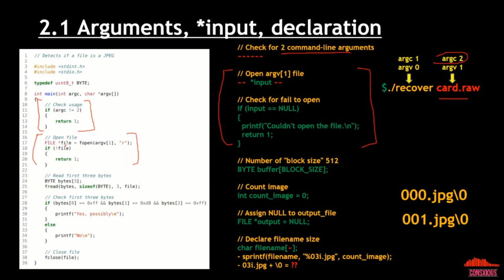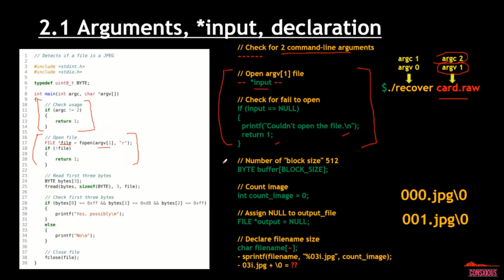We have to open the file here: fopen argv[1], which means this argv[1] here. Basically we just read this card. Here we put file in the example, but in our code we just put input for clarification. We can use either this code or this code. It means that if this is the pointer and the address doesn't contain anything, we just print a message and return 1.